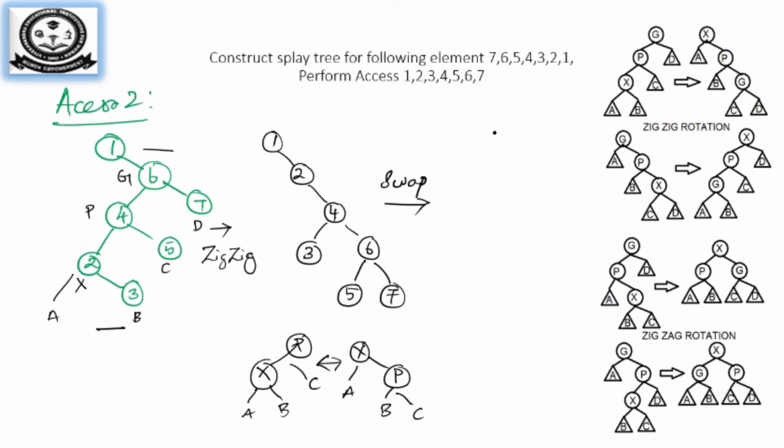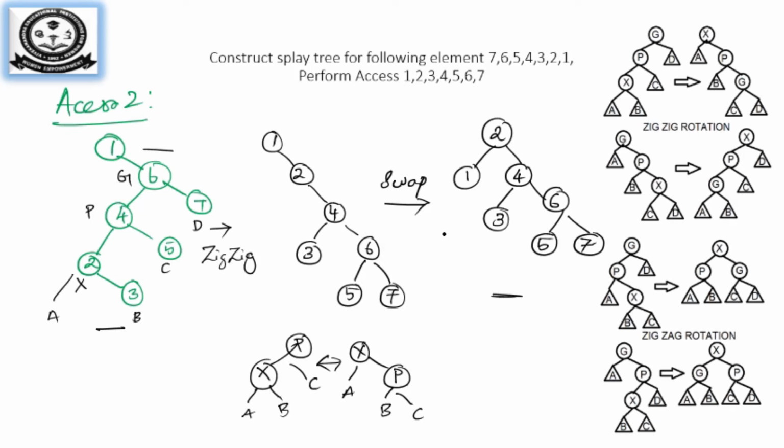When you swap it, 2 will become root node, 1 will come down. So you will have 4, 6, 5, 7. So this is the final diagram for access 2. So within 2 rotations, 2 can be accessed.